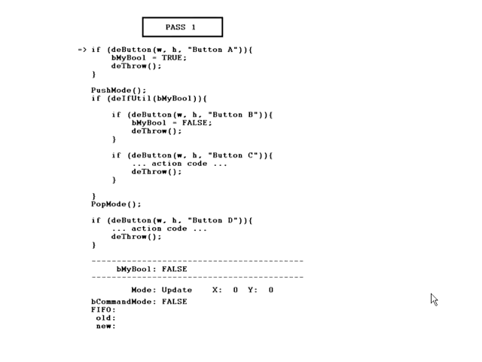So for instance, here we have a user interface consisting of 4 buttons, of which the middle 2, buttons B and C, are dependent on this boolean called myBool, which is initially false, and the state variables for differential execution have been augmented with this command mode boolean, which is false.